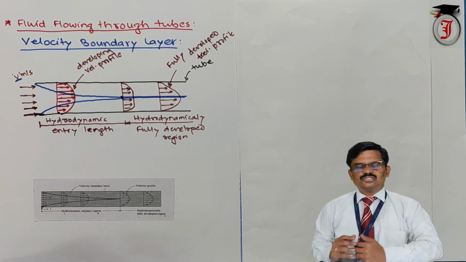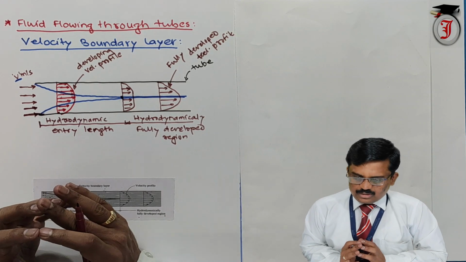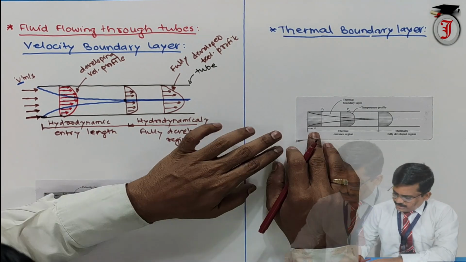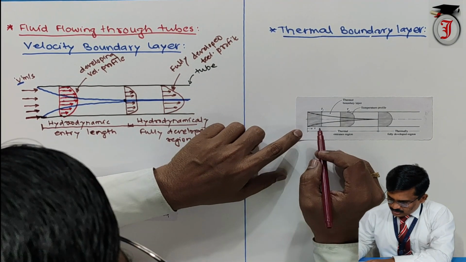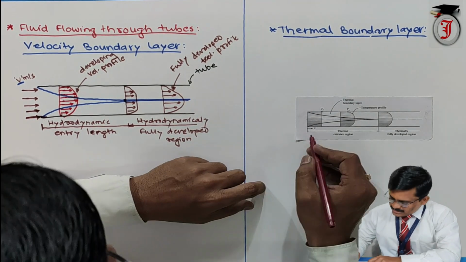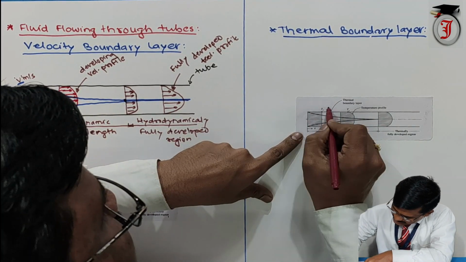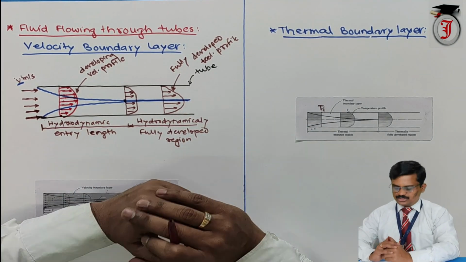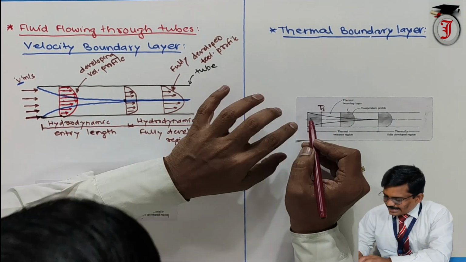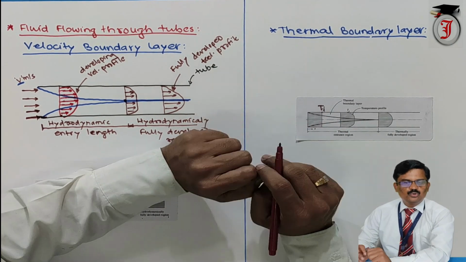Okay, let us move forward and understand the thermal boundary layer. Let us consider the same diagram. Consider a fluid at uniform temperature Ti entering into the tube.